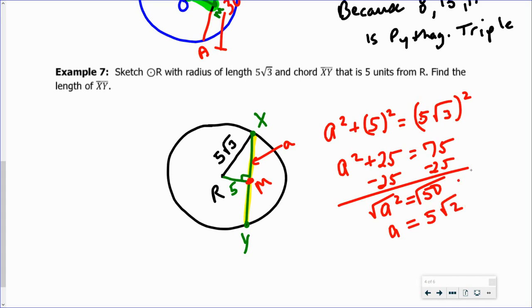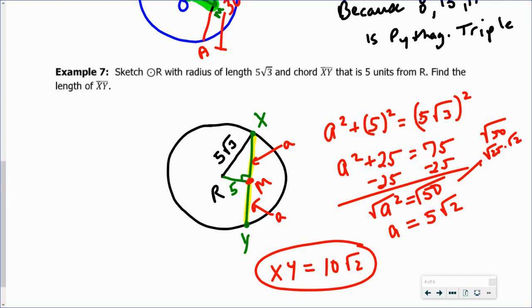So the square root of 50 is the square root of 25 times the square root of 2. That's where we're getting 5√2 from. So if A is equal to 5√2, then this segment, MY, is also equal to A as well. So we'll double 5√2. So XY is going to equal 10√2.